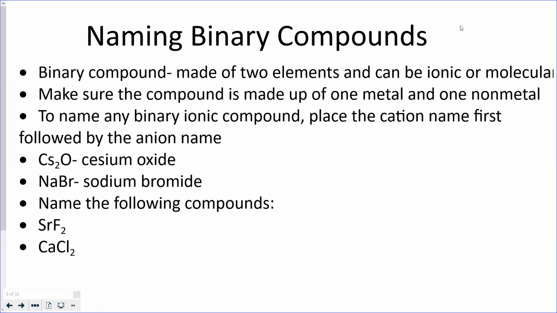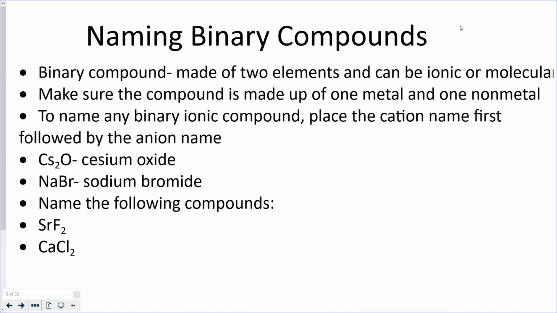O is oxygen, but in a compound we change it to oxide with that IDE ending. So that would be cesium oxide. Also, for example, we have NaBr. Na is sodium. We name it as is. Br is bromine, so we change the ending to IDE to become bromide.